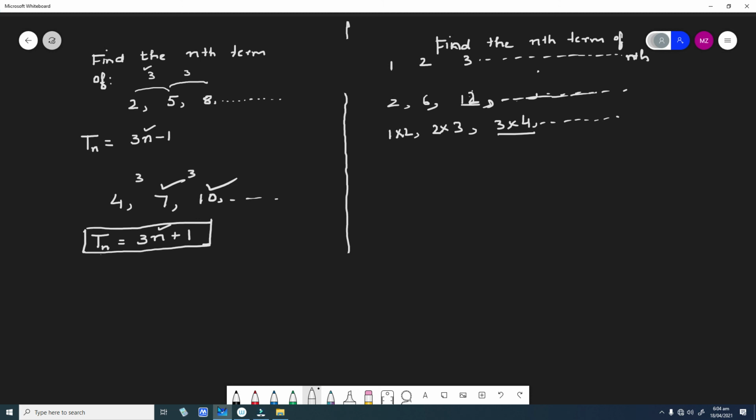Now what will be the nth term? The first term is 1 into 2. The first term is 1, that is the term place, multiplied by the next number, that is 2. And the second term is what? The second term consists of 2 and 3, 2 into 3.